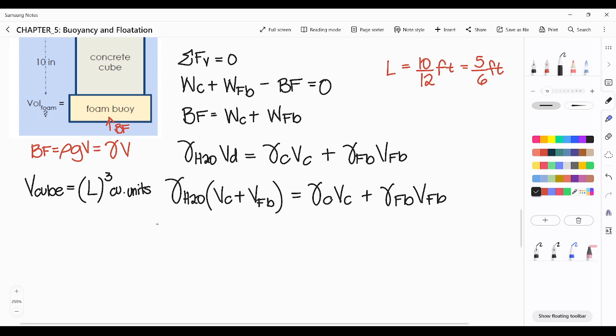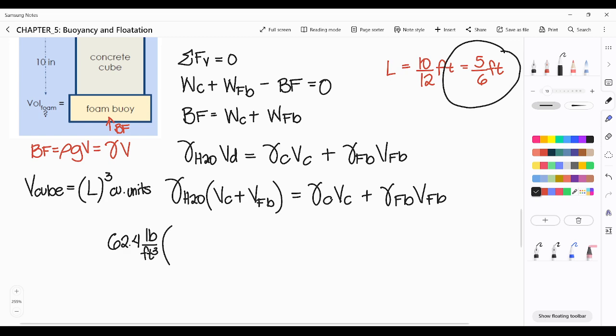Sige, lagay natin yung mga units so we could analyze if we can arrive with the correct or proper units. So, what is the gamma of H2O? In English, this is 62.4 pound per cubic feet times the volume of the cube is simply the length of each side, then cube mo lang.